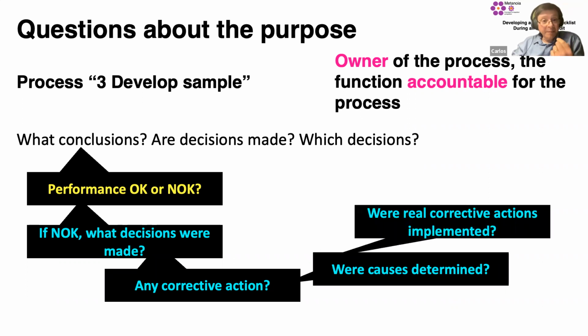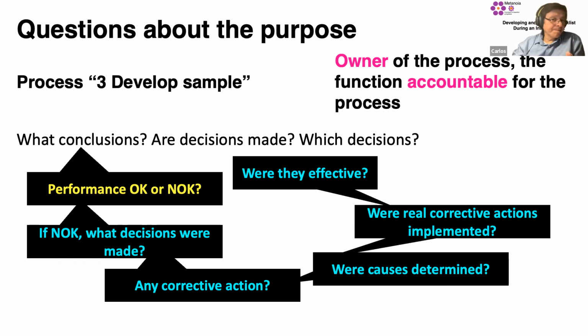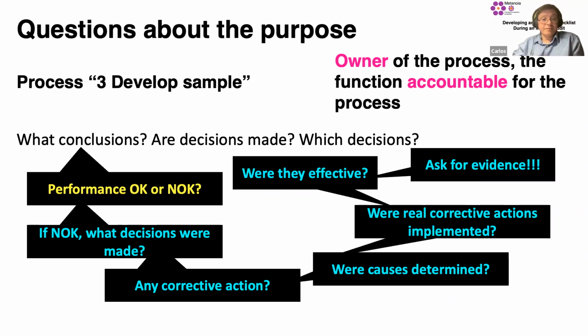Were they implemented? Were they effective? Ask for evidence. You see, in the meantime, doing this, you are auditing clause 4.4.1. You are auditing clauses 9.1.1, 9.1.3, 10.2, even 10.3.